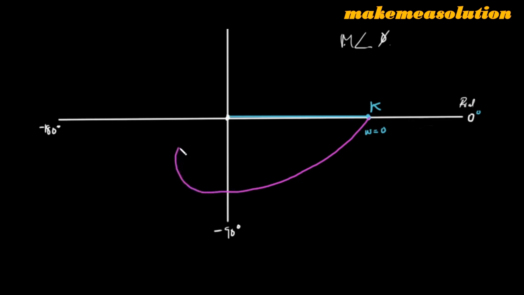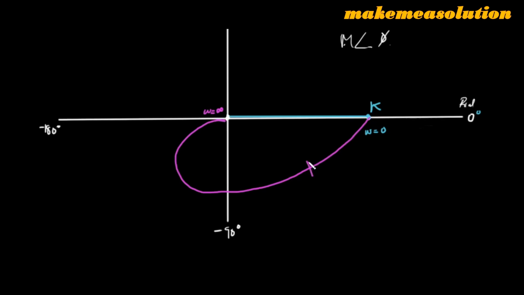Then at minus 180 degrees it started spiraling into the origin, and eventually this is when ω was close to infinity. So it confirms that at infinity the magnitude is 0, and the phase angle is minus 180 degrees.